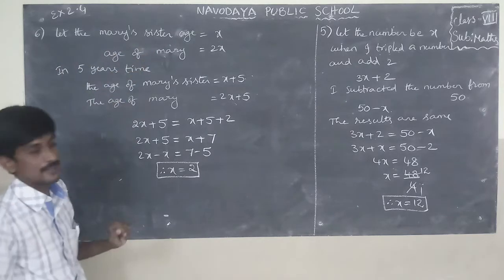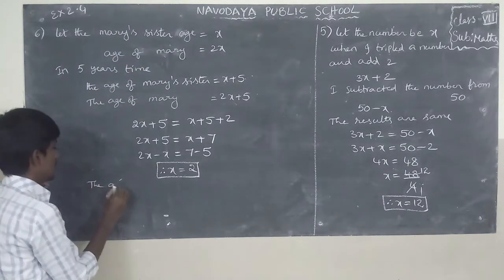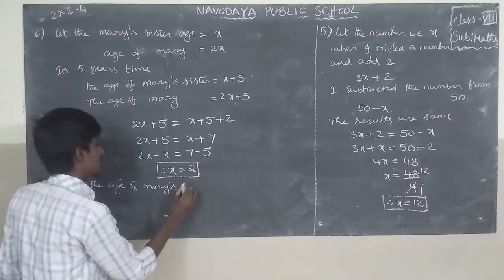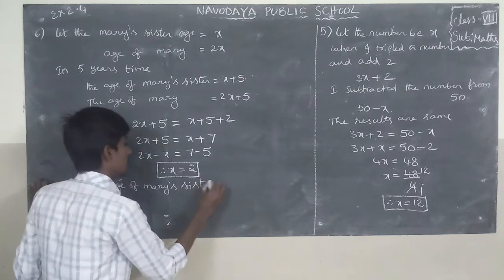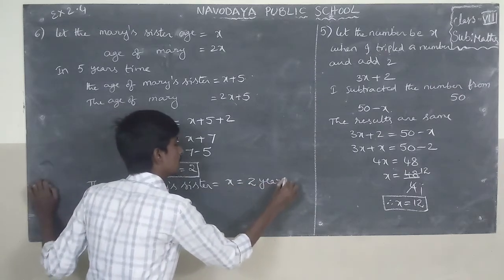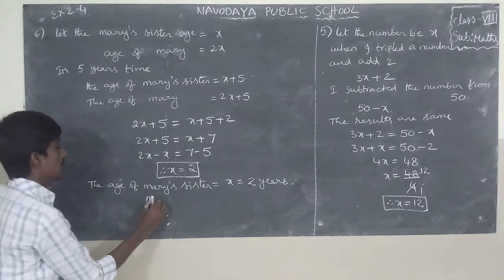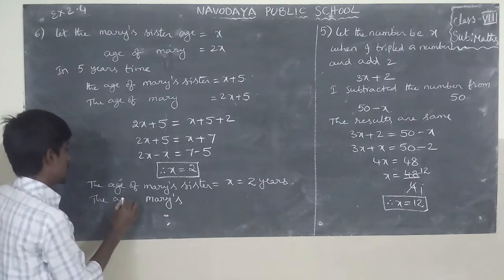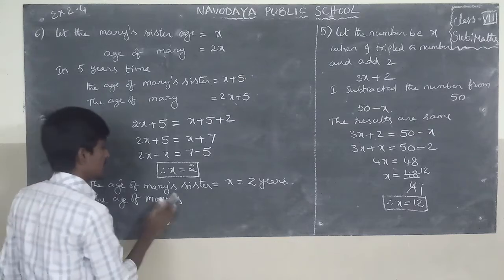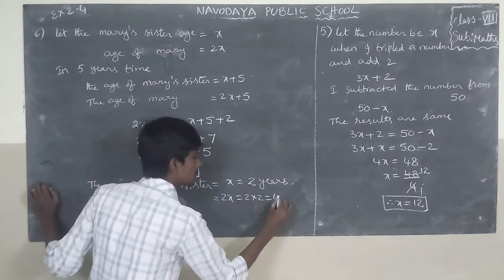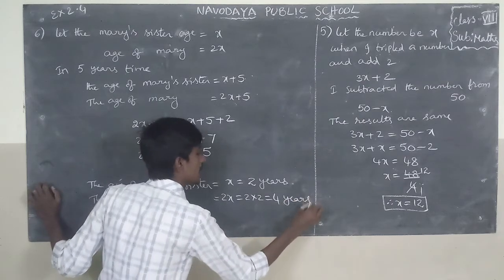Mary's sister's age equals x equals 2 years. The age of Mary equals 2x, 2 into 2 equals 4 years.